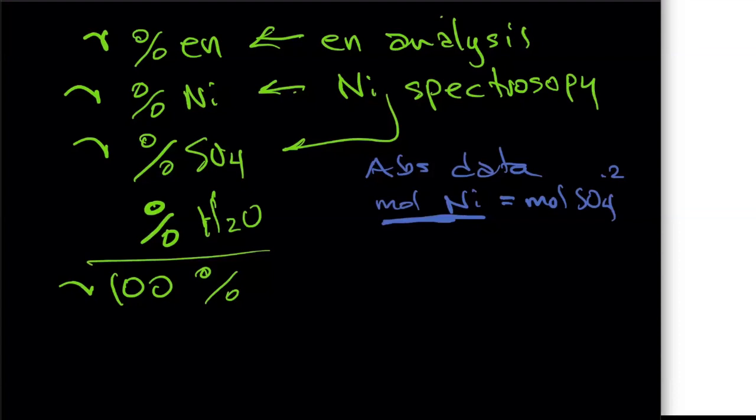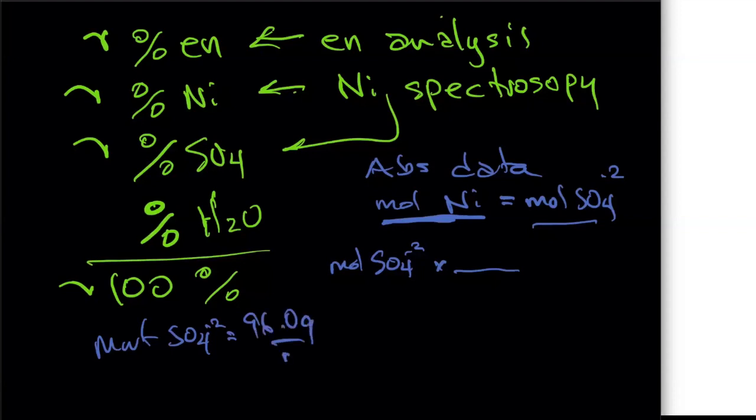That's the key. Once you buy into that, then you can take the moles of the sulfate, which is again equal to the moles of the nickel, and you use the molar mass of SO4. The molecular weight of SO4 is 96.0 grams per mole. So 96.0 grams per mole, that equals the grams of the sulfate.